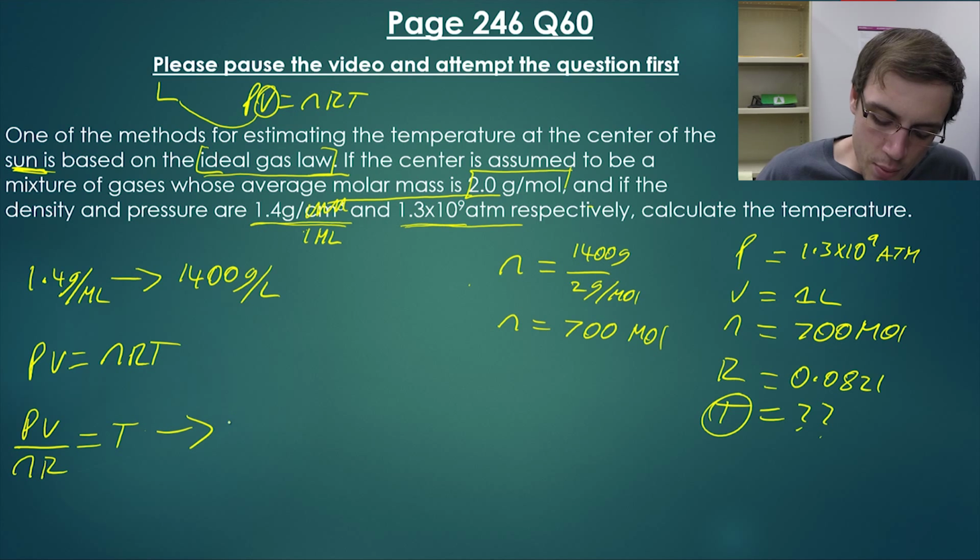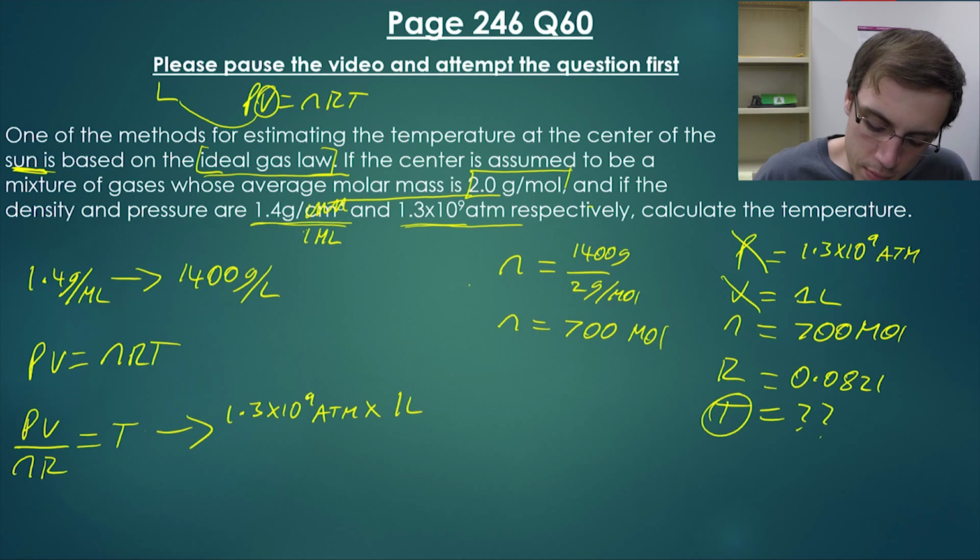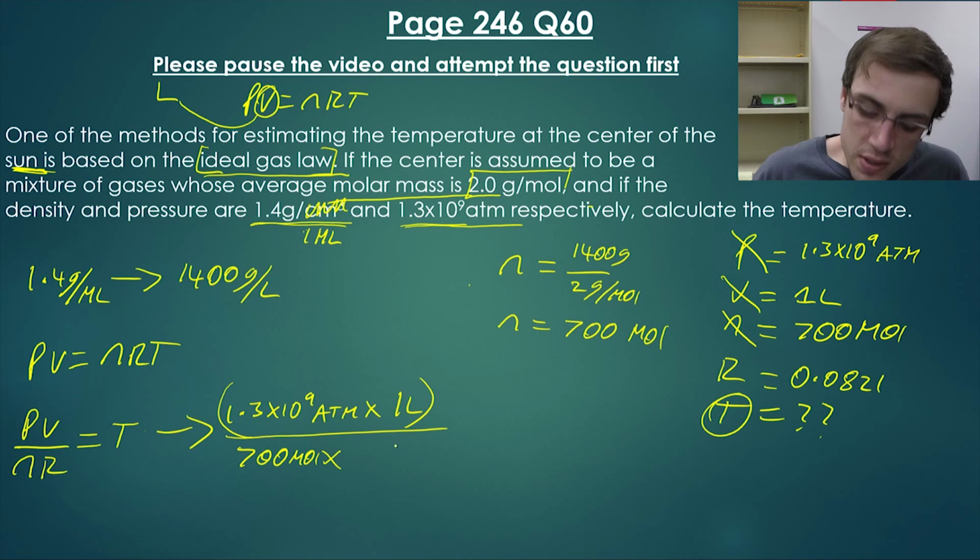We go 1.3 times 10 to the 9 atmospheres multiplied by 1 liter, divided by the moles, which is 700 moles, multiplied by the constant, which is 0.0821.